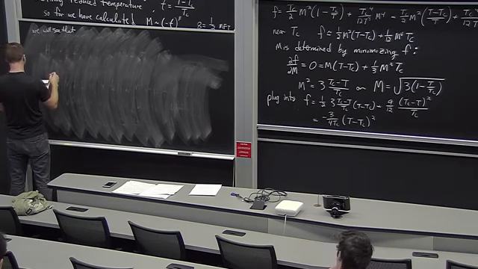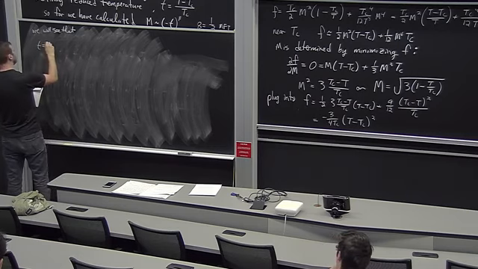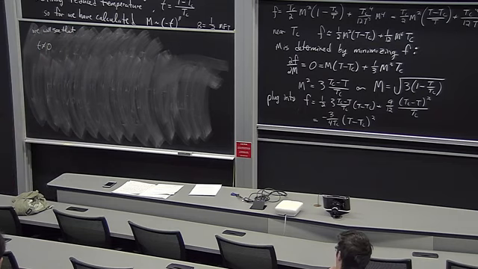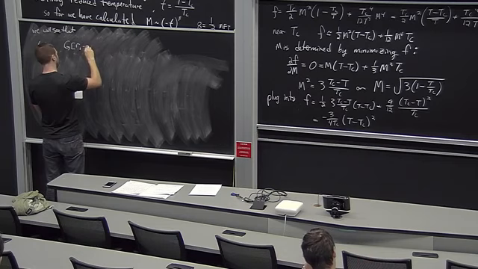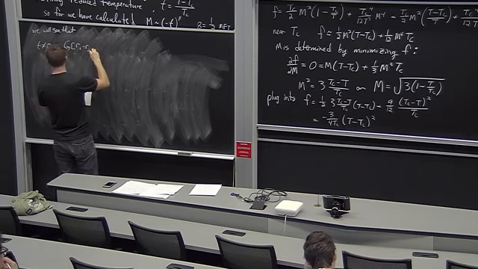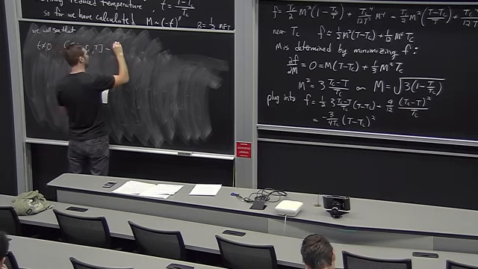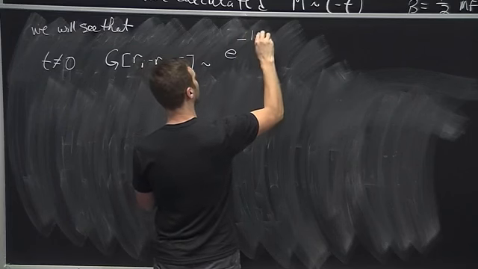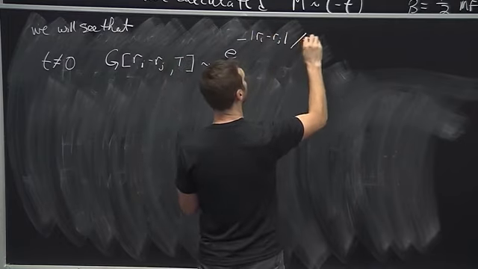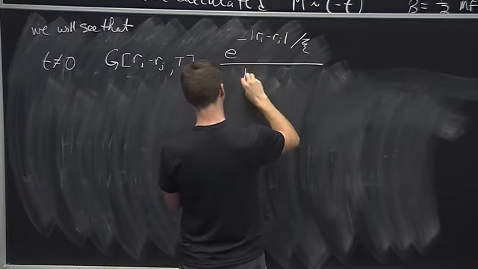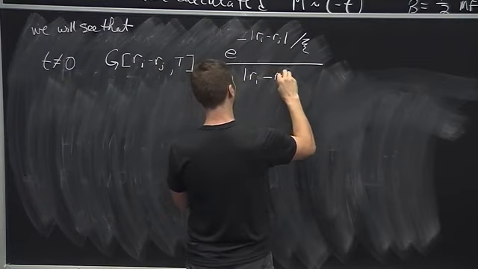What do I want to do? So let's go away from criticality first. So reduced temperature not equal to 0. Then my 2-point correlation function, which can be a function of temperature, so let me just say this is T not equal to Tc, goes somehow as an exponent over some power law decay.